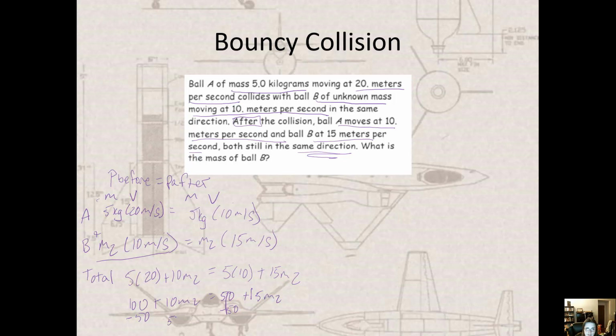So it's 50 plus 10 M2 is equal to 15 M2 minus 10 M2. So then it's 50 is equal to 5 M2. And that means that M2 is equal to 10 kilograms.